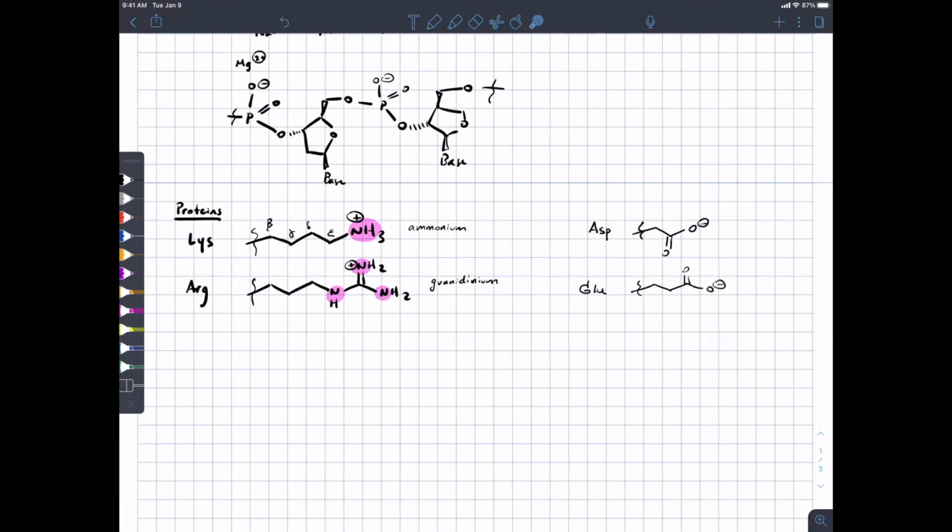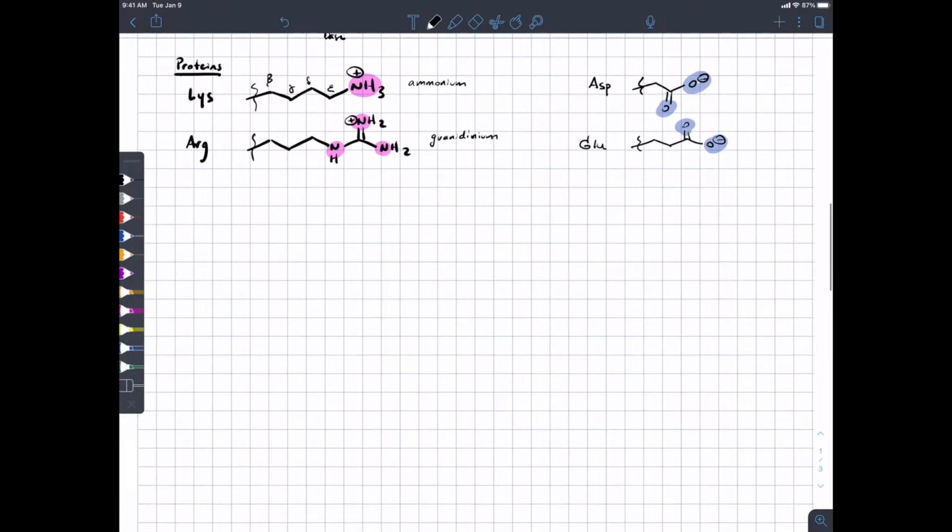So the question is, in a protein, could you have a favorable interaction between the negatively charged oxygen of the carboxylic acid and the positively charged side chain of lysine or arginine? And the answer is, it depends, which is not very happy, but it honestly depends on location.